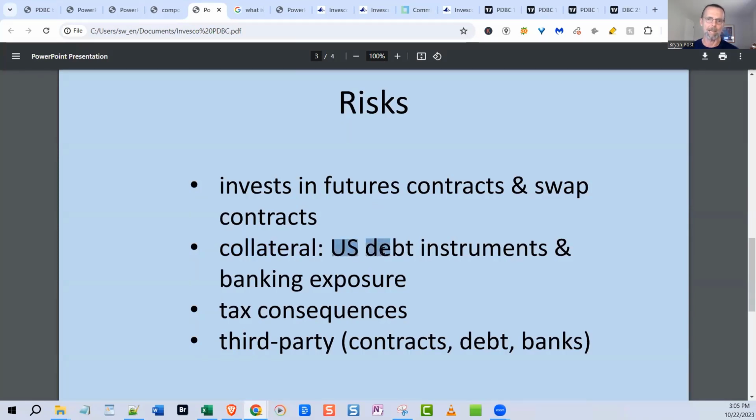And so their collateral is in the form of U.S. Treasury bills, so that's 1 year and less in duration, money market funds, short term again, and then exposure within the banking industry.